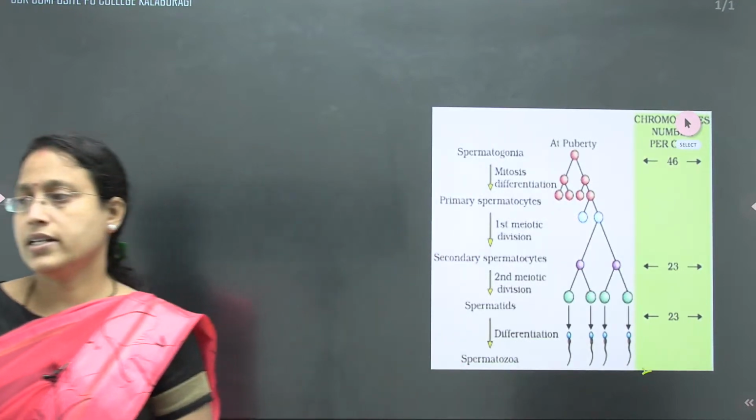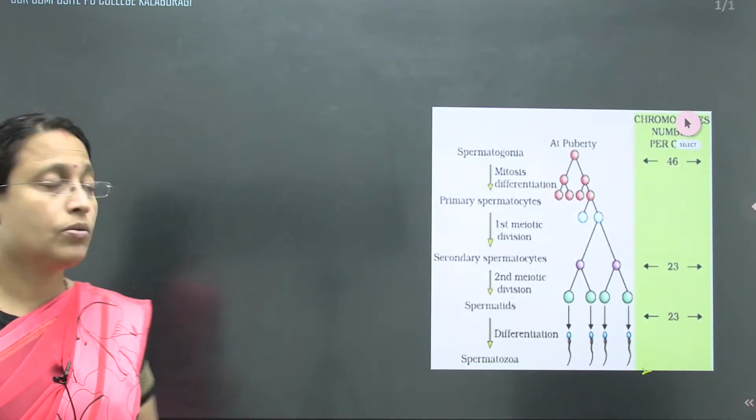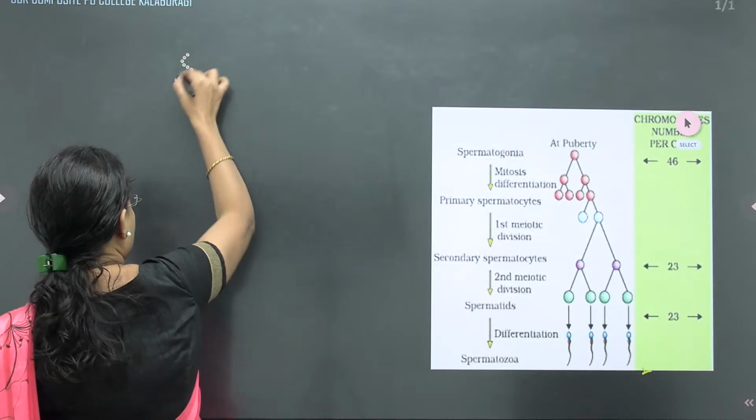This is an NCERT diagram for spermatogenesis, as to how the sperms are formed.